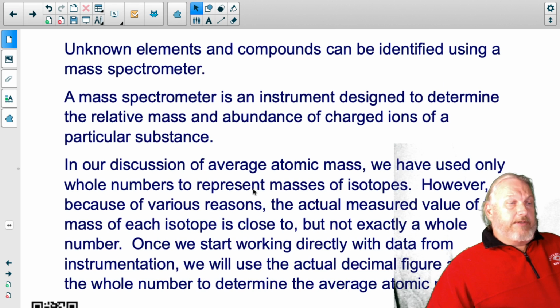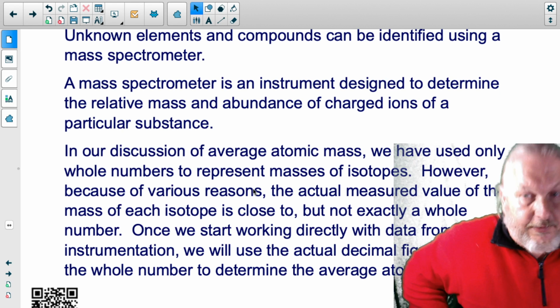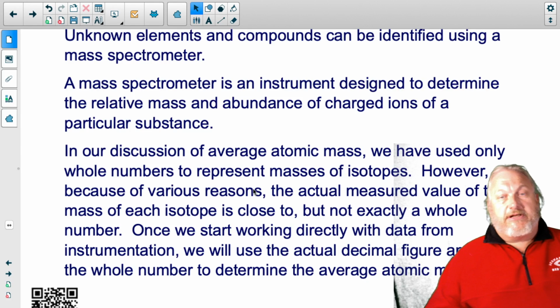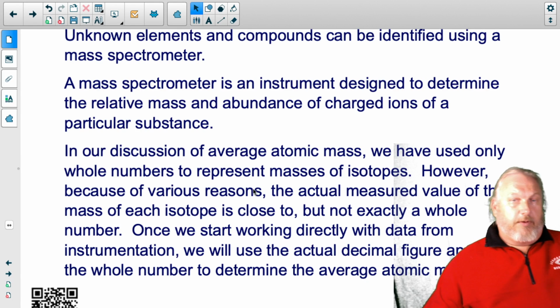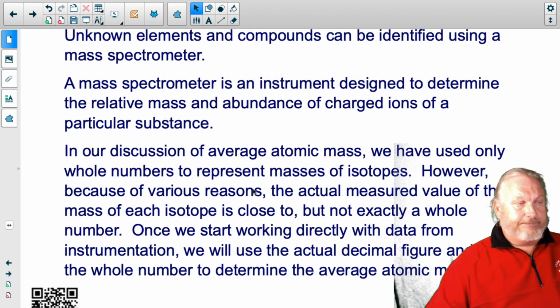Unknown elements and compounds can be identified using a mass spectrometer. A mass spectrometer is an instrument designed to determine the relative mass and abundance of charged ions of a particular substance. In our discussion of average atomic mass, we have used only whole numbers to represent masses of isotopes.